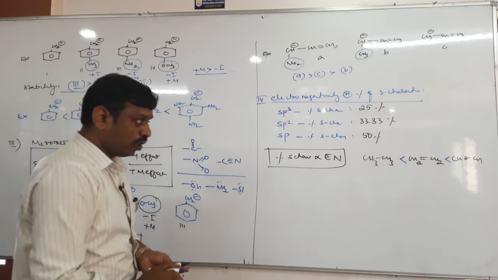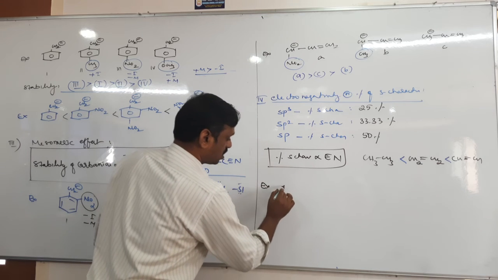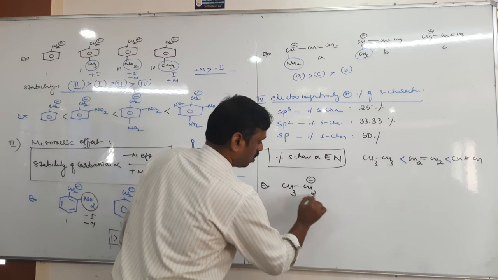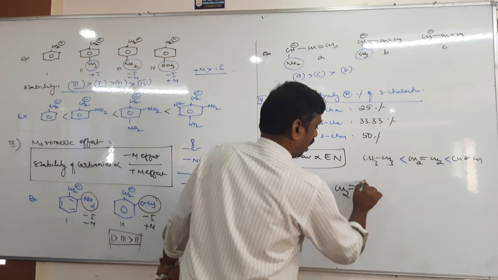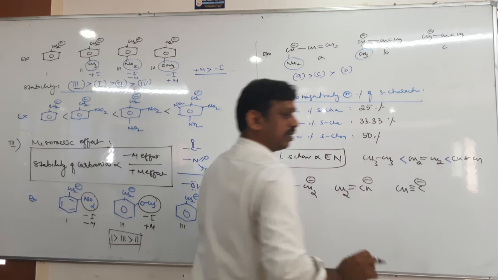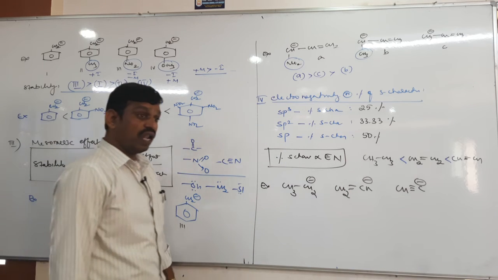Now we are studying the stability of carbanion. Let us take carbanions with alkane, alkene, alkyne. So which carbanion is most stable? Alkyne carbanion.